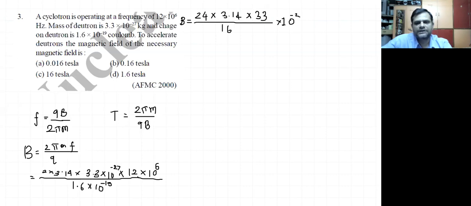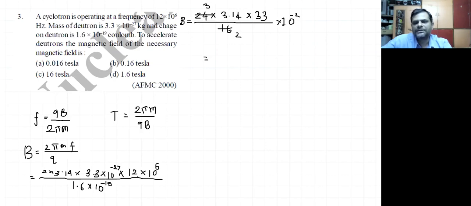So if we just reduce this by 8, so 8 2s are 16, and here it is 8 3s are 24, so that we can just be able to write this as, अब देखो 3.14 into 3, या चलो 3 into 33 अगर करेंगे ना तो वो 99 आ जाएगा. 99 can be written approximately to be 100.